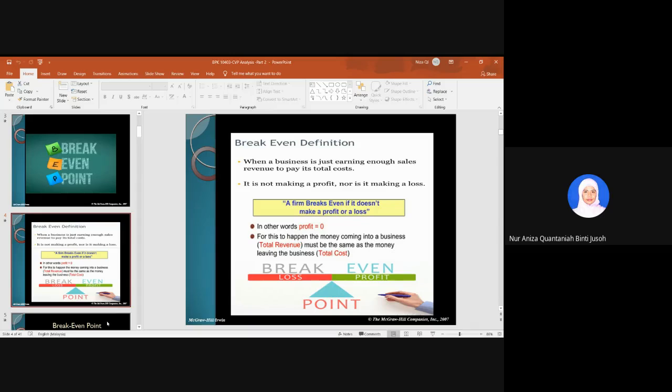So the profit is zero, and it means total revenue must be the same as total cost. So this is the condition for break even. Profit is zero. Total revenue is the same as total cost. No loss, no profit.